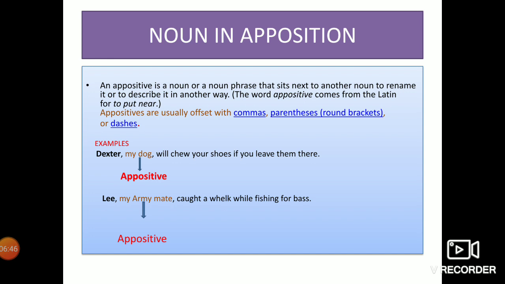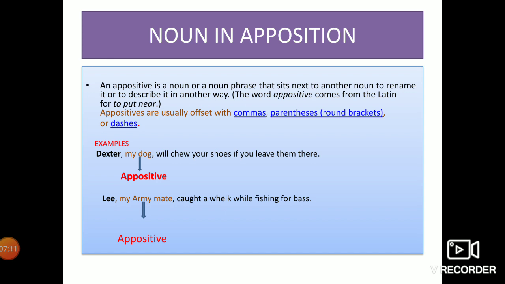We can also say that when a noun or pronoun is used to describe another noun or pronoun in that sentence, it is said to be appositive or apposition in noun case. For example, Dexter, my dog, will chew your shoes if you leave them there.